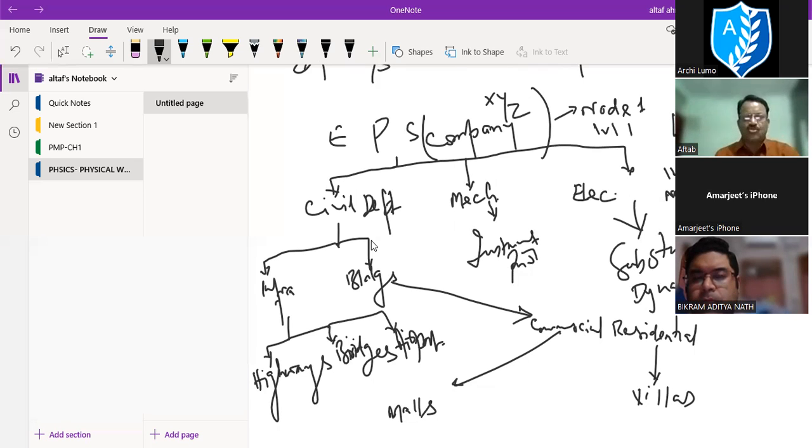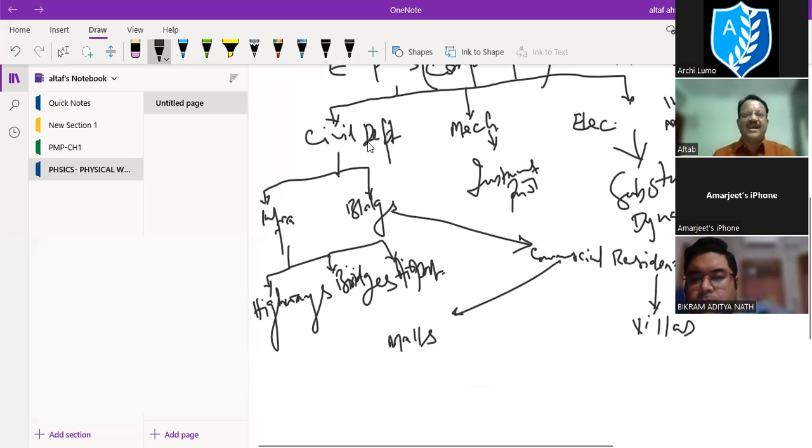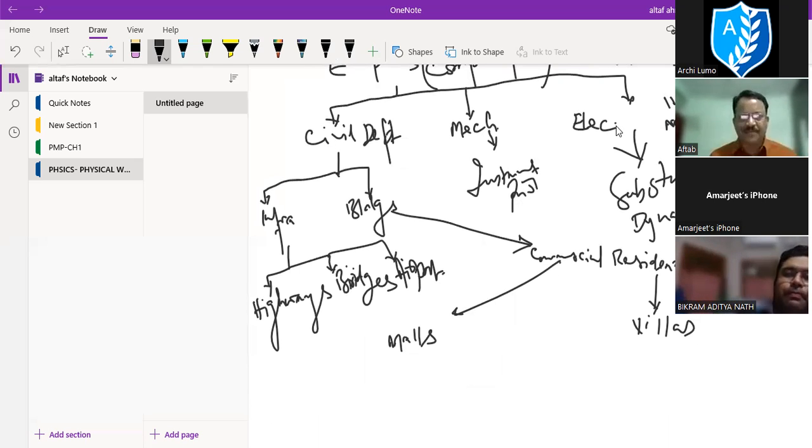So I am explaining the EPS again, as per the request of Mr. Amarjit. Any company, any entity, any enterprise is at the highest level, level 1, or node 1 it can be called. This company may have a civil department, a mechanical department, an electrical department.